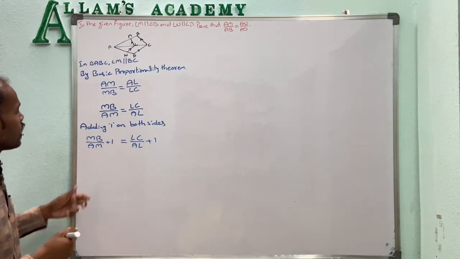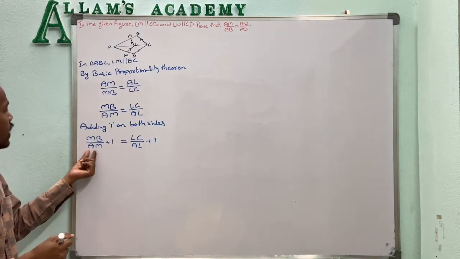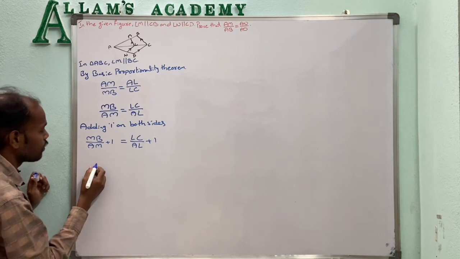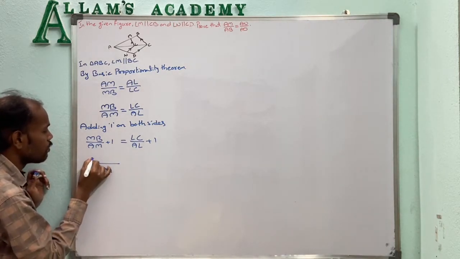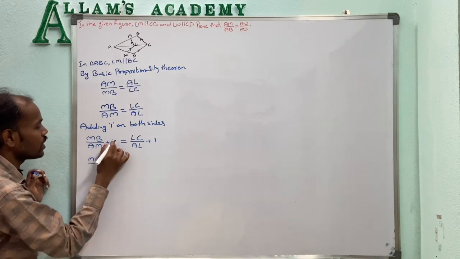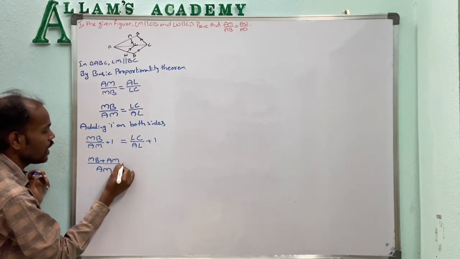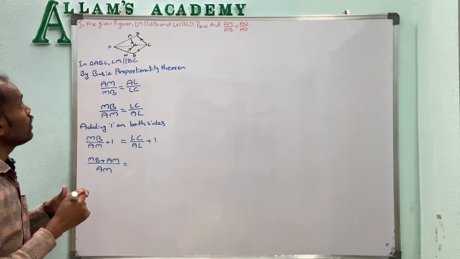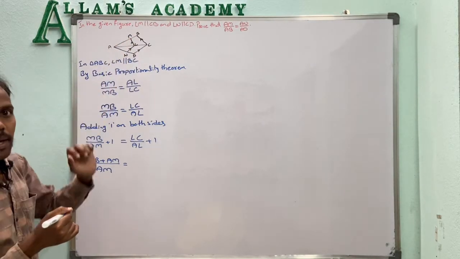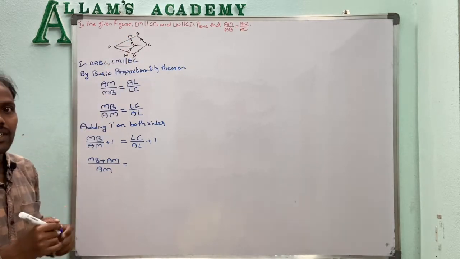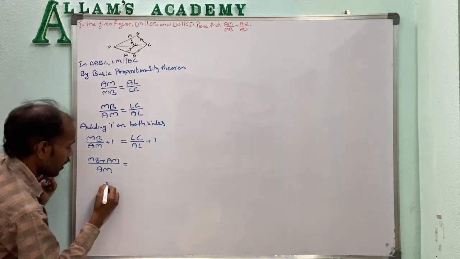Now we take AM as the LCM, so we can write MB plus AM over AM. AM added with MB is nothing but the total side AB.